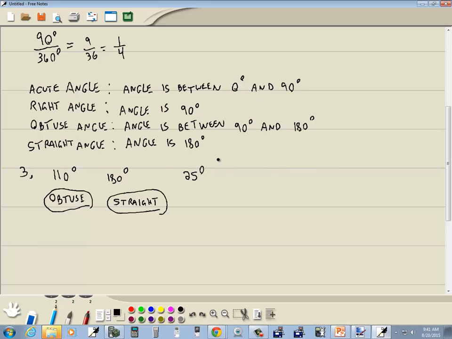Angles between 0 and 90 are acute. And our last one, 90 degrees. When your angle is 90 degrees, then it's a right angle. So that would be a right one.